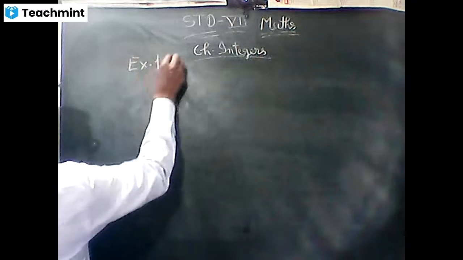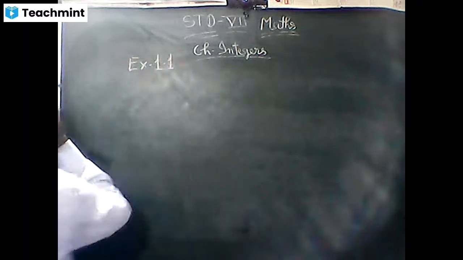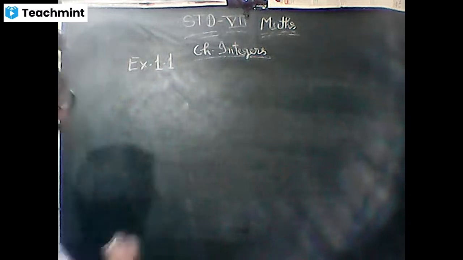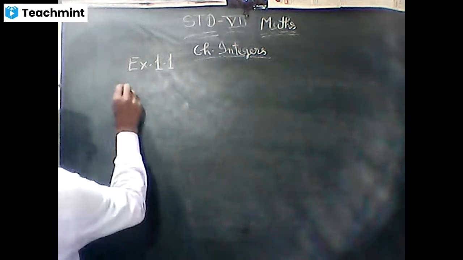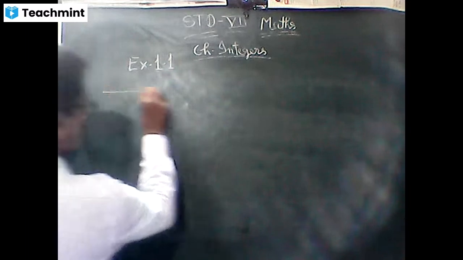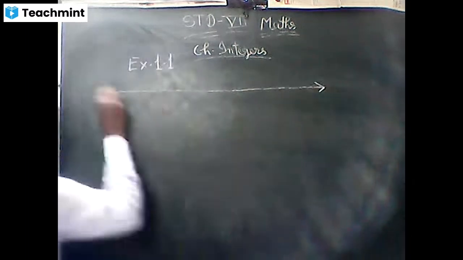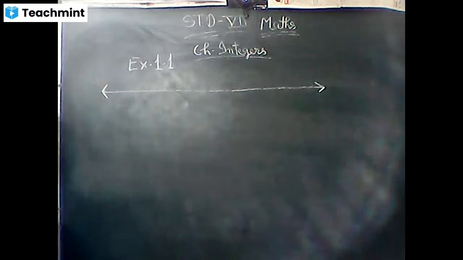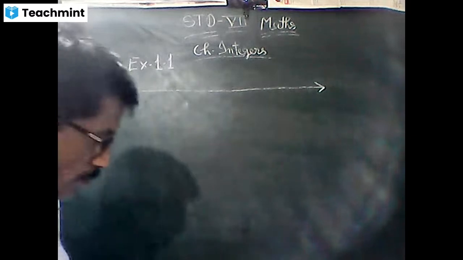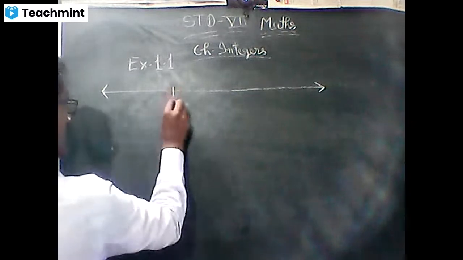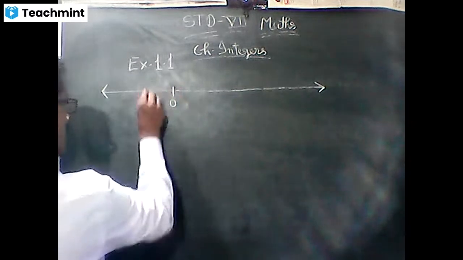Here a number line is given, and this number line is known as the temperature line, as this line shows the temperature of many cities.